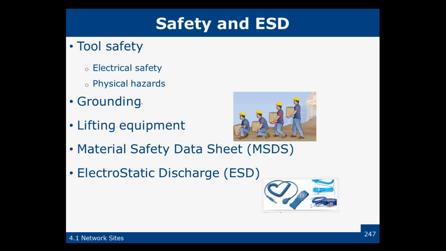Electrostatic discharge is our enemy in the computer world and in the networking world and in the devices, because the devices that we have use such small voltages and currents that anything can damage them.